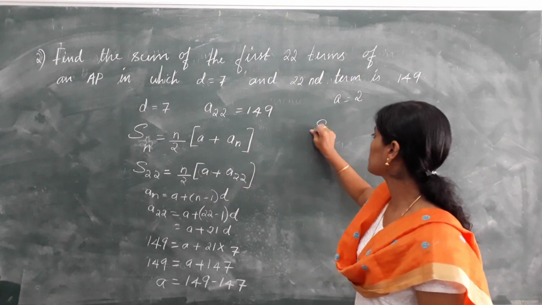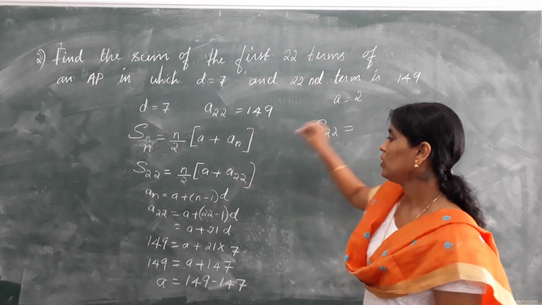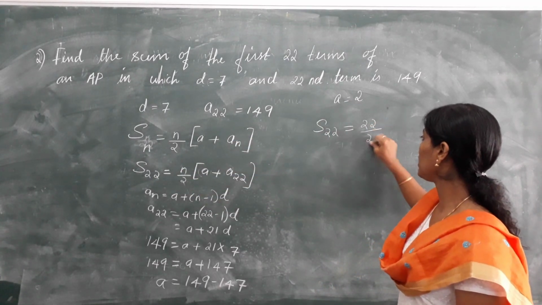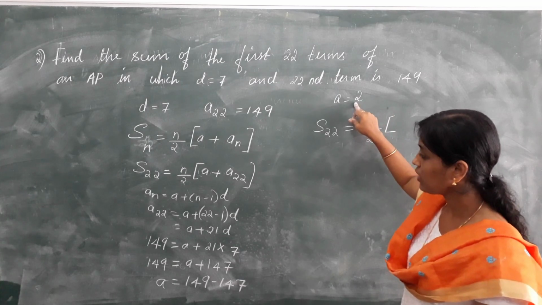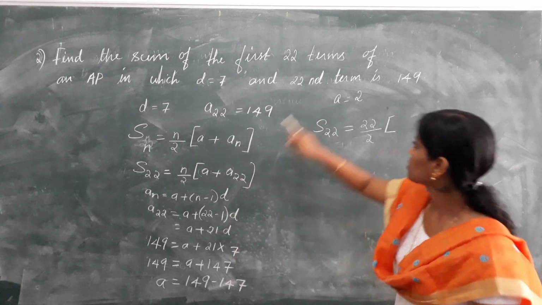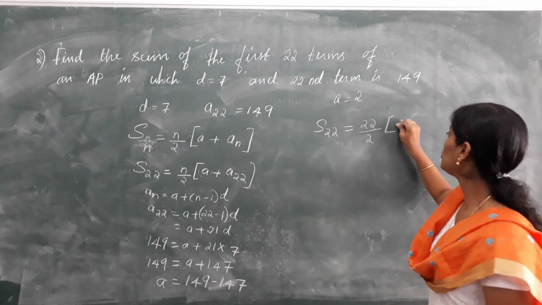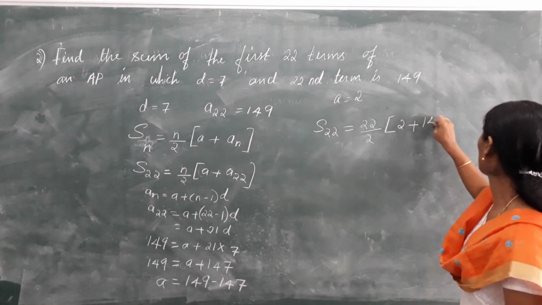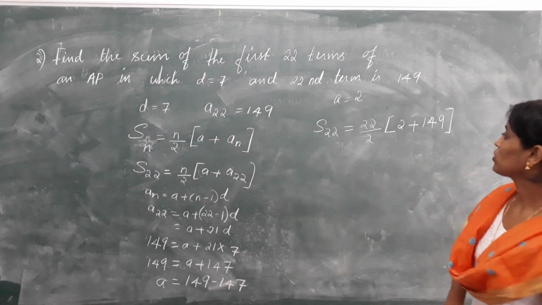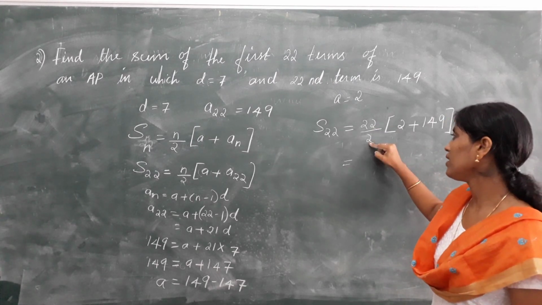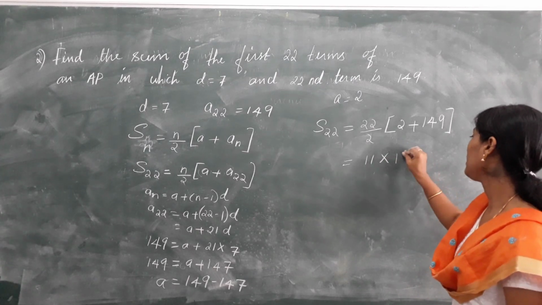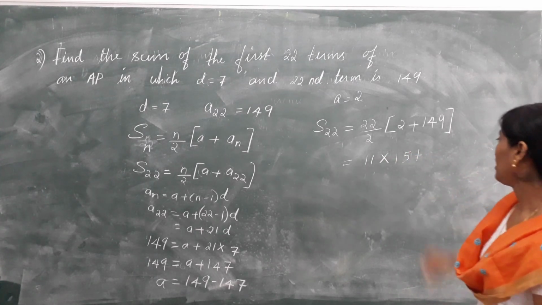So we'll get S22 is equal to n is 22, so 22 by 2 into a, which we found from the 22nd term. So a is equal to 2. 2 plus A22 is 149. So we'll get 22 by 2 is 11 into 151.